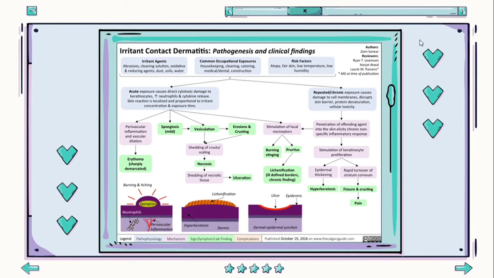And that is all for the pathophysiology of irritant contact dermatitis.